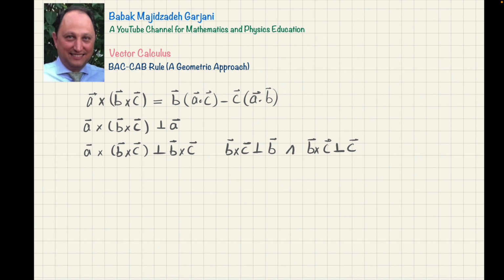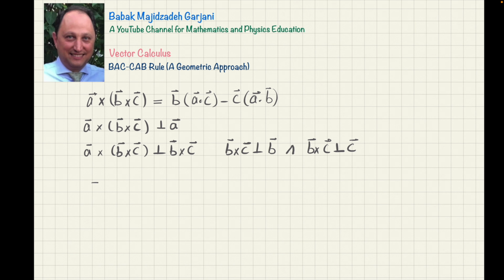We need to imagine it. B cross C itself is perpendicular to both B and C. So this means that this vector will live on the plane of the vectors B and C. And in that case, this should be a linear combination of these 2 vectors.